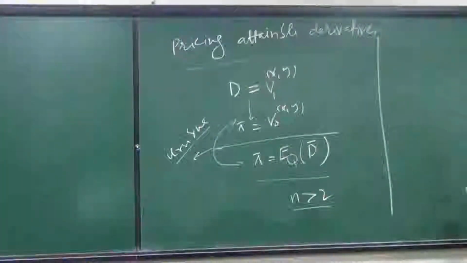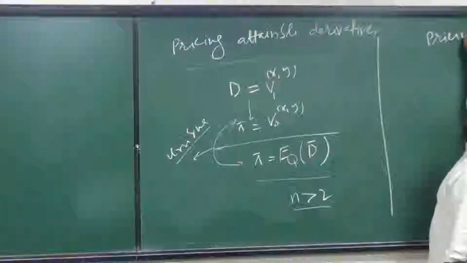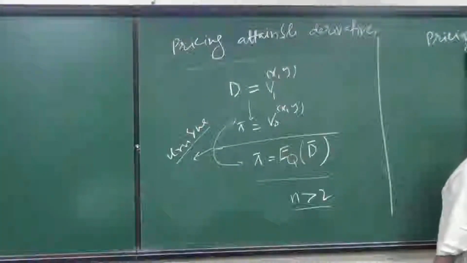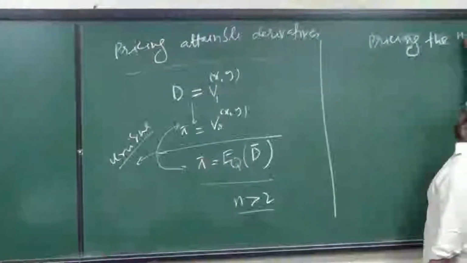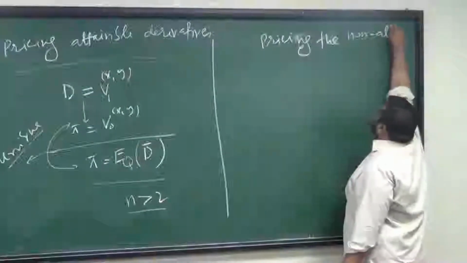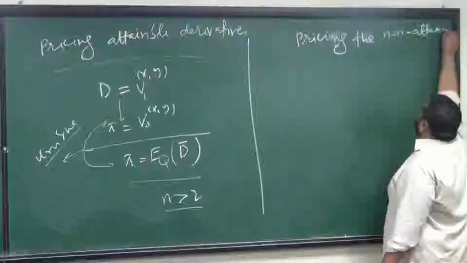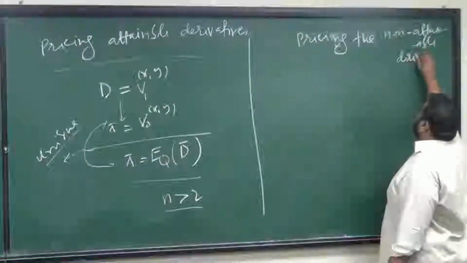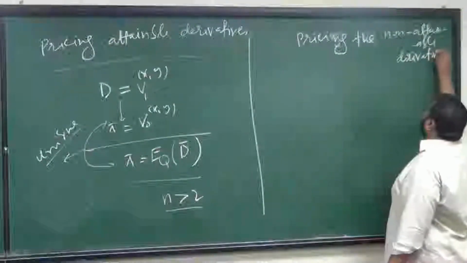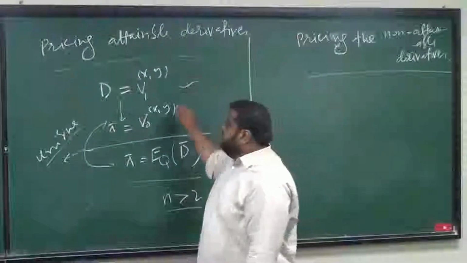So our next task is to come up with how to price the non-attainable derivatives, for which you don't have this.